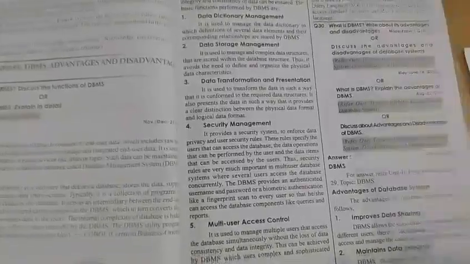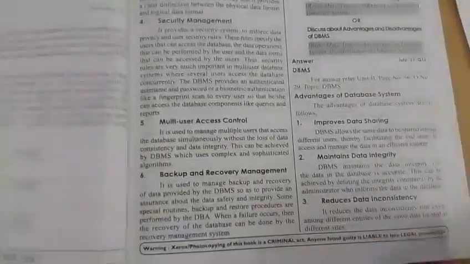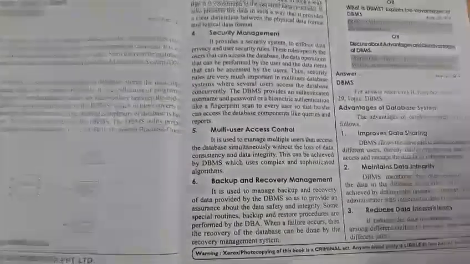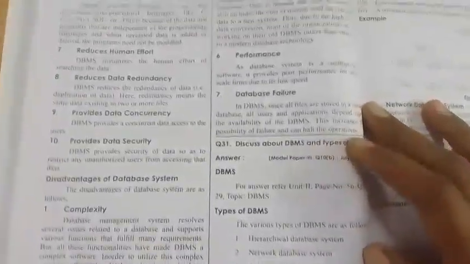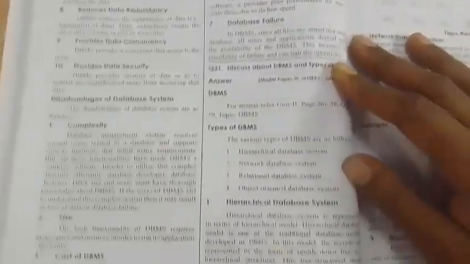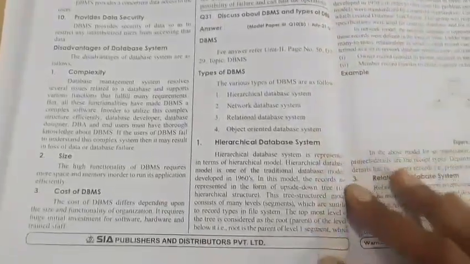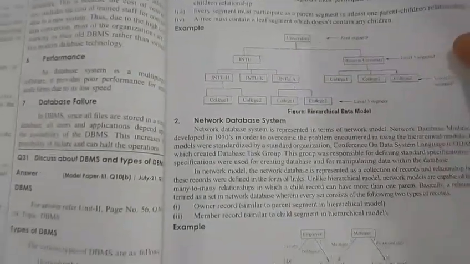So here you will have to learn about the functions of DBMS and advantages and disadvantages of DBMS, types of DBMS, hierarchical, network, relational database system, object oriented database system.